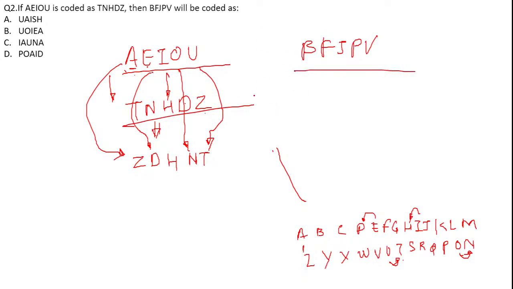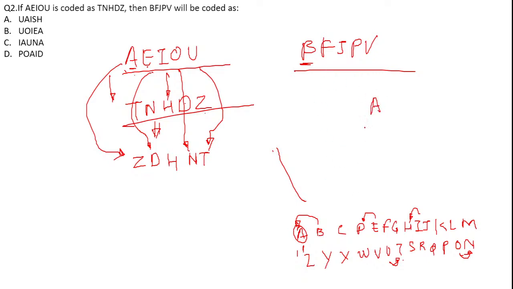Now similarly we have to solve this series. Okay. So first of all we will find previous letter to B is A. So we will write A here because we are coding in reverse manner.